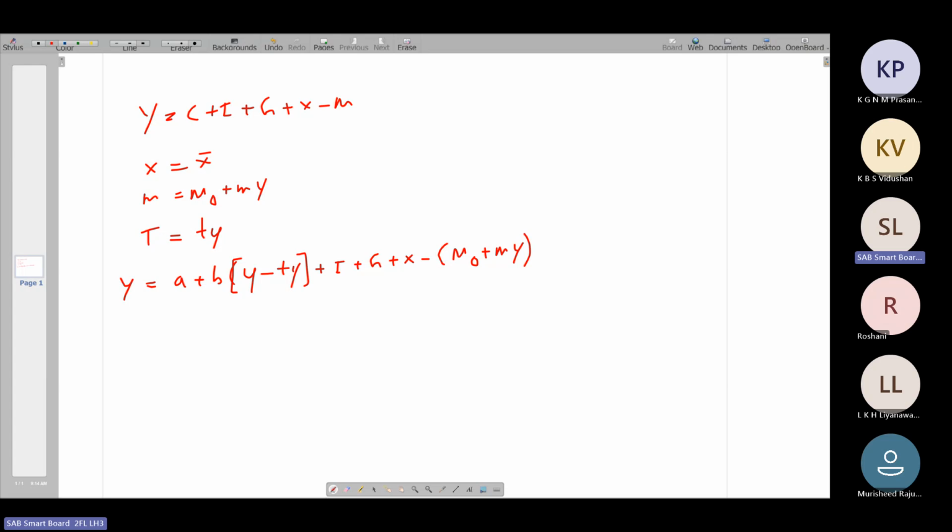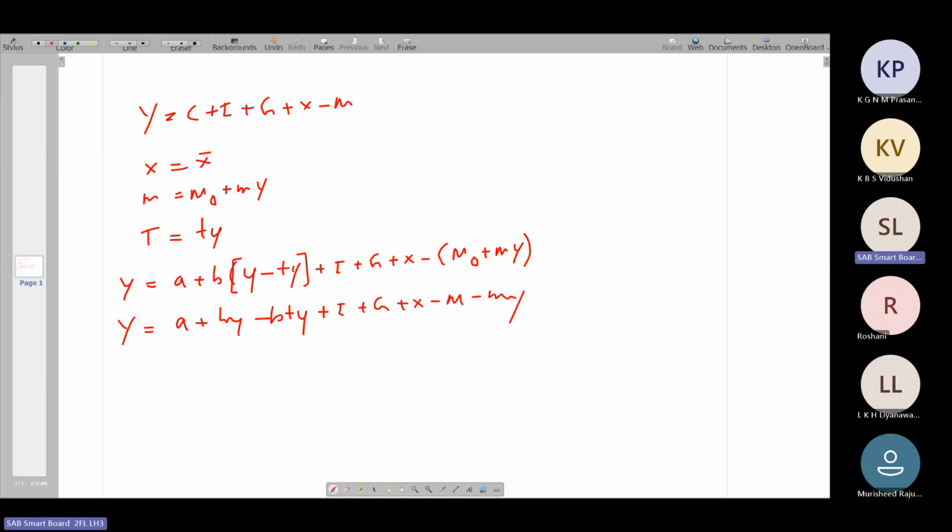You need to use the brackets the correct way, otherwise you will enter it wrong.